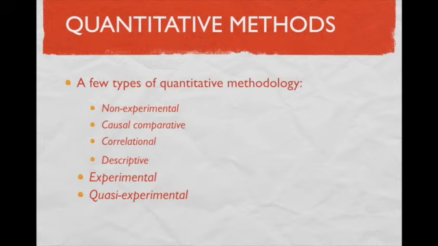So let's say we were doing a rewards and motivation study. Which one of us within the class would volunteer to be in the control group that didn't get paid more money, or which one of us would want to be in the treatment group that didn't get paid more money?